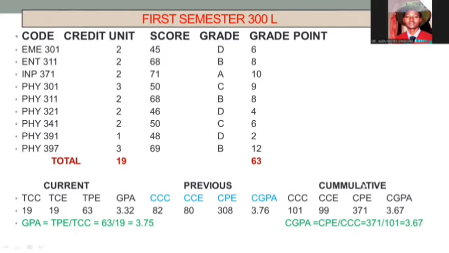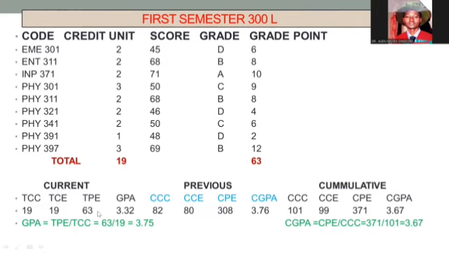So let's look at the cumulative. From the cumulative, we have that our CCE I showed us earlier is what? Previous CCE plus the current TCE gives us 101. Then the CPE is previous CPE, which is 308, plus TPE.